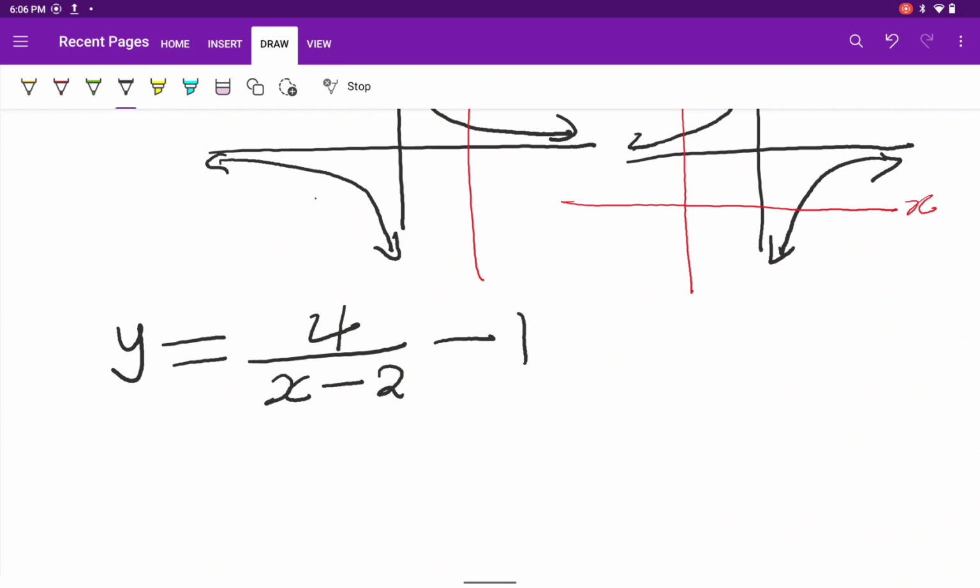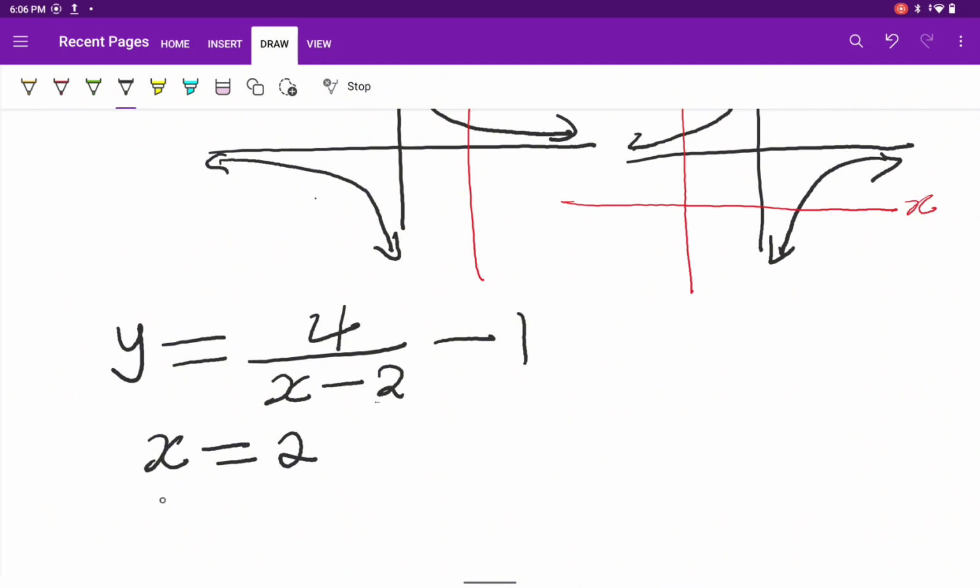So the first thing that we calculate when we sketch a hyperbola is the asymptotes. So the equations of the asymptotes will be x equals 2. We just take the 2 to the other side, so it becomes positive. In other words, if this 2 was positive, it would be negative as we solve it.